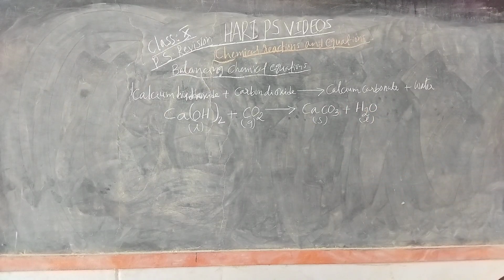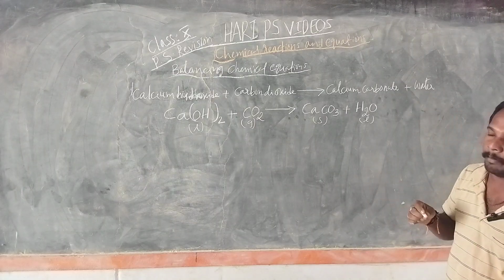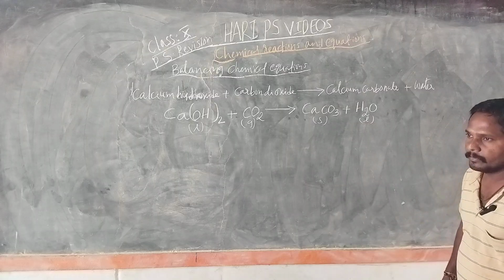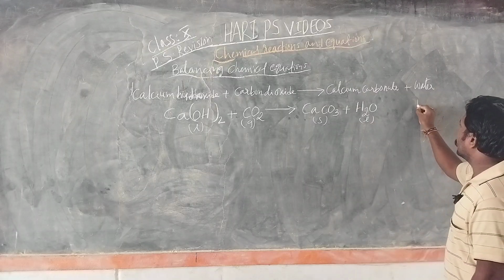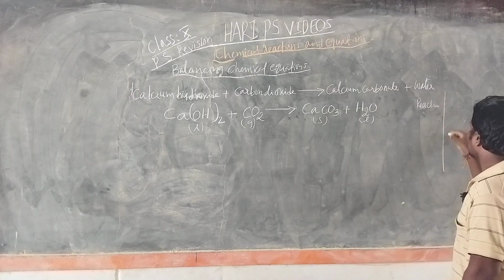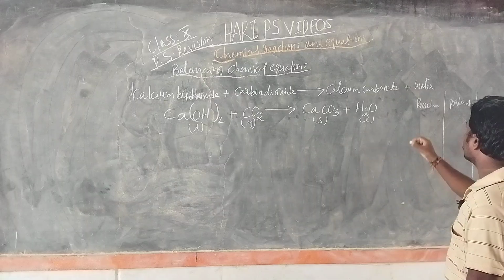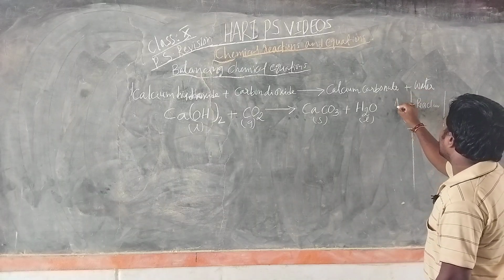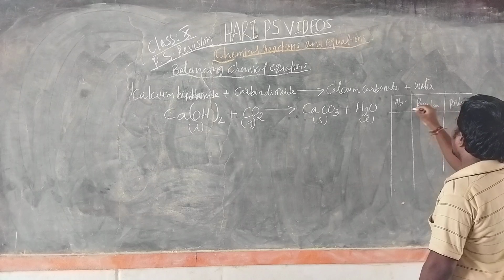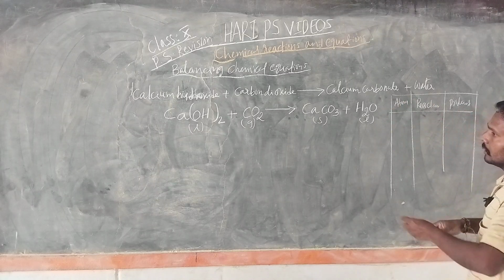For that, we need to draw a simple table. In some other books it is given as LHS or RHS; instead of that, write reactant side, product side, and the corresponding atoms.